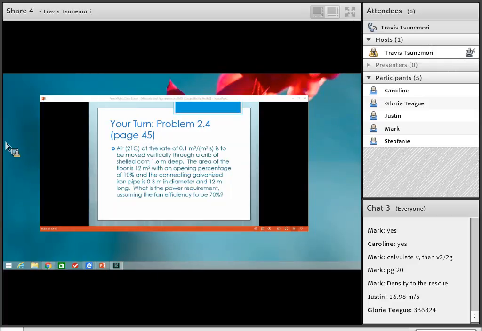Okay, be brave. What's your little f? So epsilon over d should be 5 times 10 to the minus 4. You're going to use that with your Reynolds number and read it off your Moody diagram.